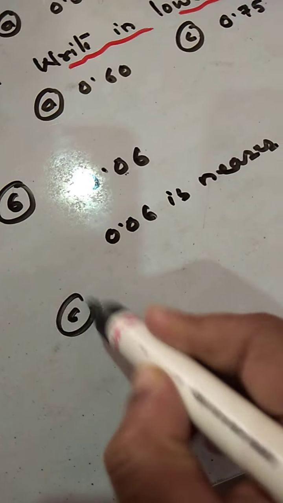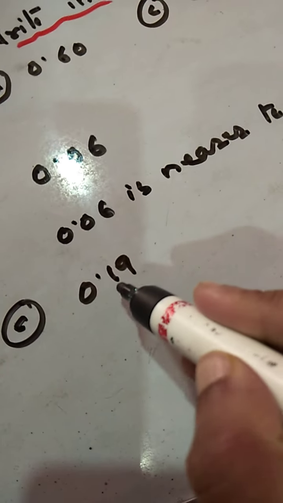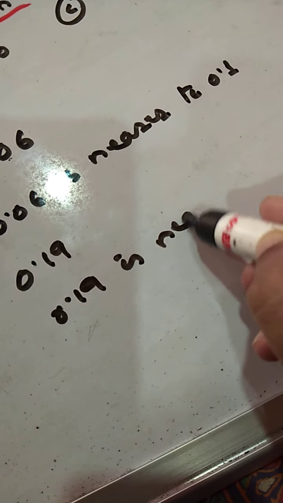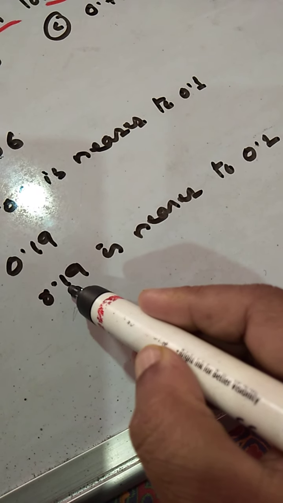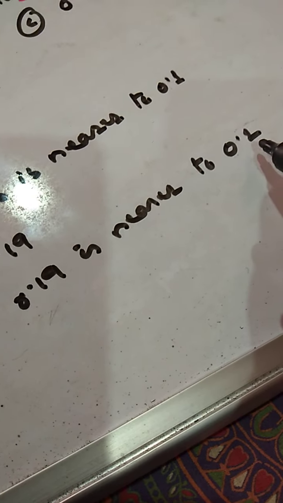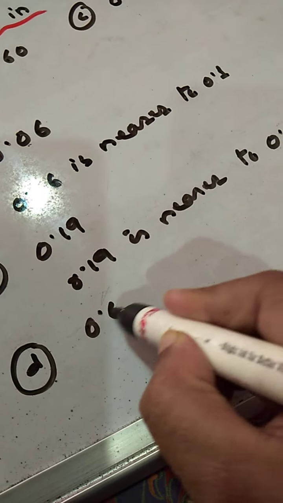That is number C, 0.19. So 0.19 is nearer to 0.2. Okay, so what is the nearest 10th value to 0.19? That is 0.2. Similarly, we have to do sum number D also.